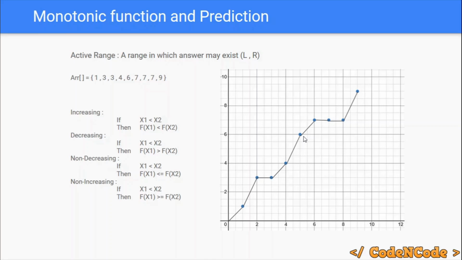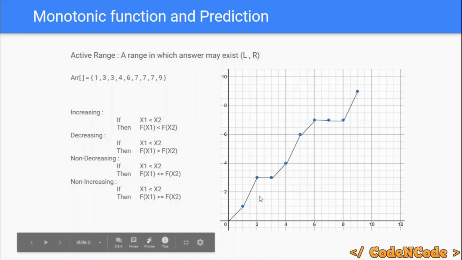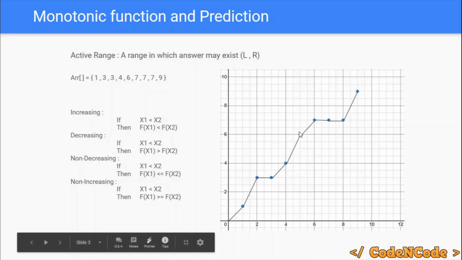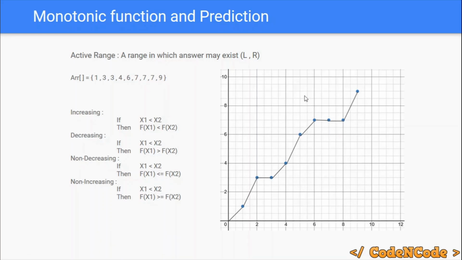This gives us a prediction that helps us reduce our active range by half. We know this element and all of the elements below it towards the left are smaller than the value that I am searching for, so all of this range is actually useless to me. I can update my left pointer, which was here, to mid plus 1, because all of these elements are useless. My result must be from mid plus 1 to high.